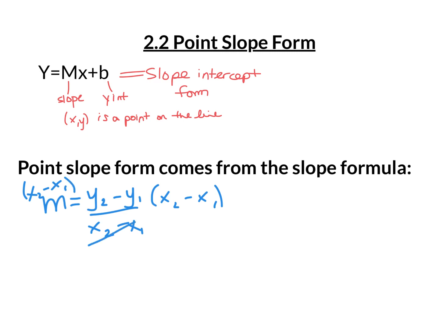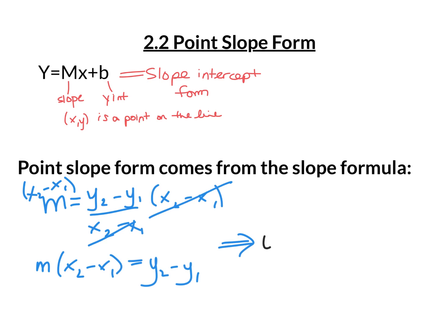And that would cancel out the fraction part and leave me with an equation that says m times (x2 minus x1) equals y2 minus y1. Or another way to write that, and this is what point-slope formula looks like, is what we normally see as y minus y1 equals m(x minus x1).